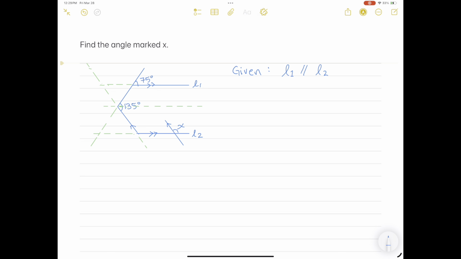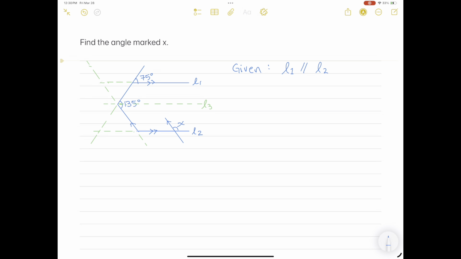Next, I make note that line 3, which I have drawn, is parallel to both line 1 and line 2, because of the postulate that a line that is parallel to one of 2 parallel lines is also parallel to the other. And in parenthesis, I write the shorthand form of that axiom.